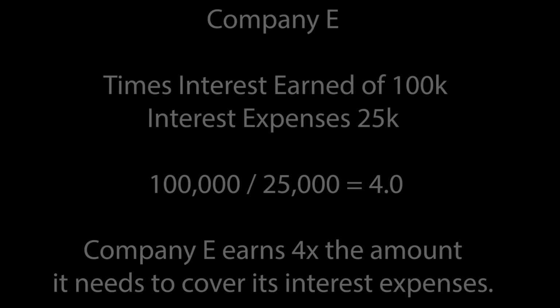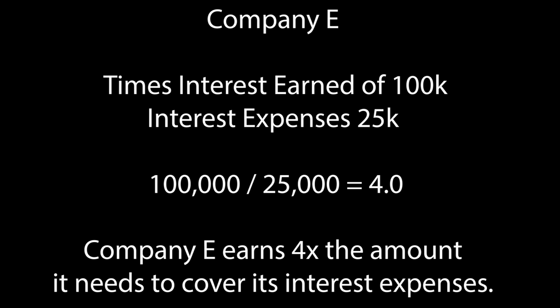These ratios assess how much debt a company is using to finance its operations. One important leverage ratio is times interest earned, which is income divided by interest expense. A rule of thumb here is that a ratio below 1 may signal trouble. It means that a company isn't generating enough income to cover its interest expenses. Here's an example.